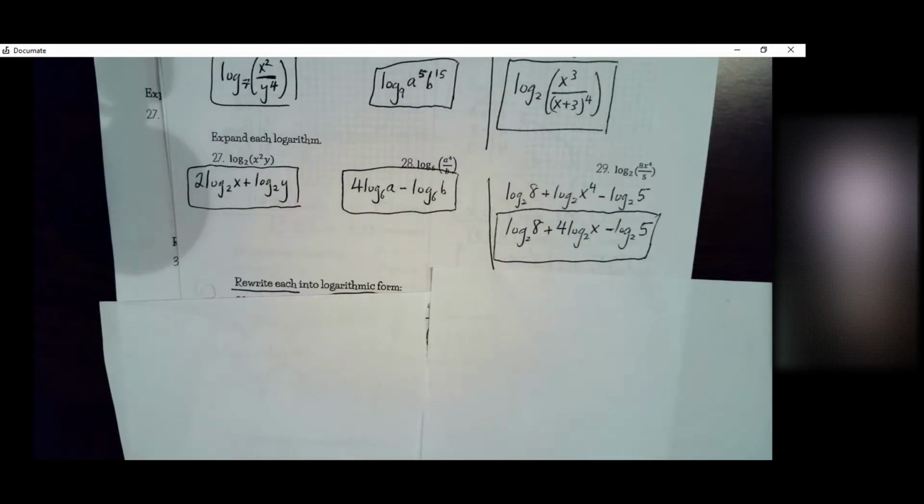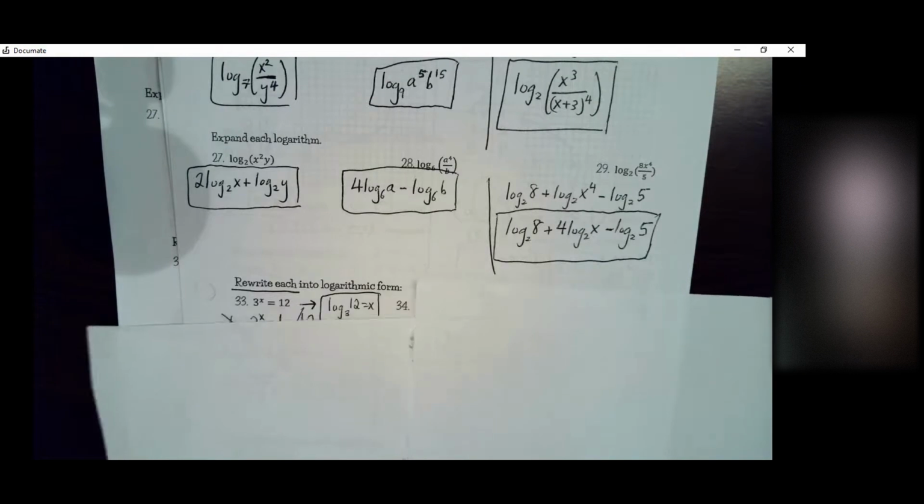Okay, log 3 12 equals x. Yeah, that's it. All you're doing is rewriting into log form. Okay. Log 2 1/2 equals -1.